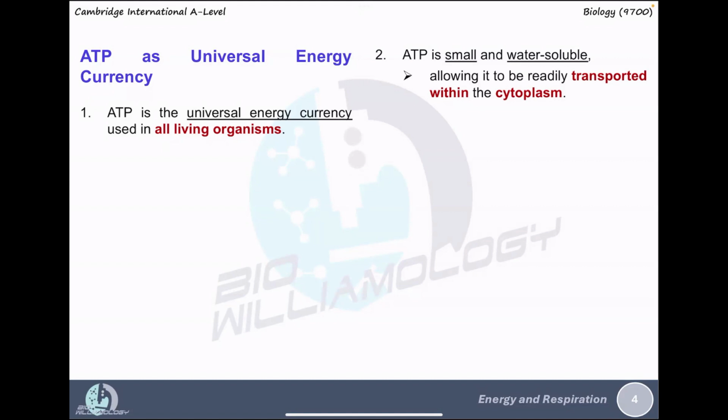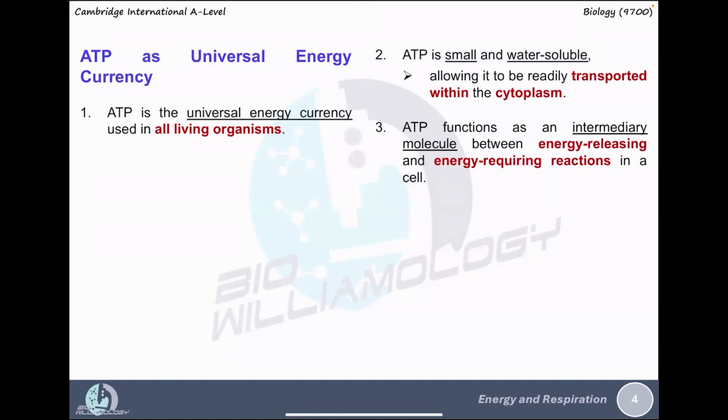For example, it can be transported from the region near a mitochondrion to another region of the cell, for example, where the synthesis of polypeptide takes place.